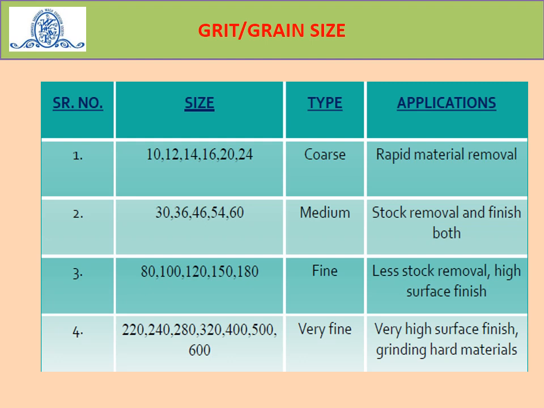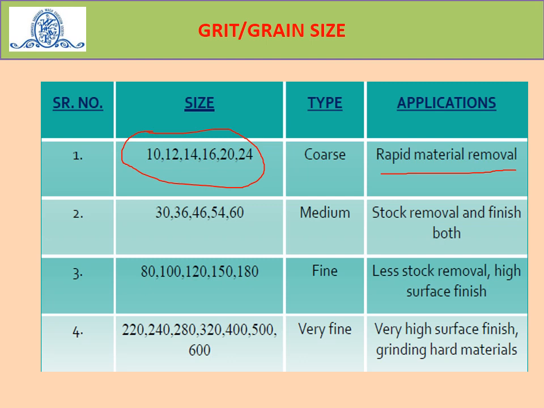The types are coarse, medium, fine and very fine. The sizes 10, 12, 14, 16, 20 and 24 are used for rapid material removal, so it is the coarse type, and the stock removal rate is more.